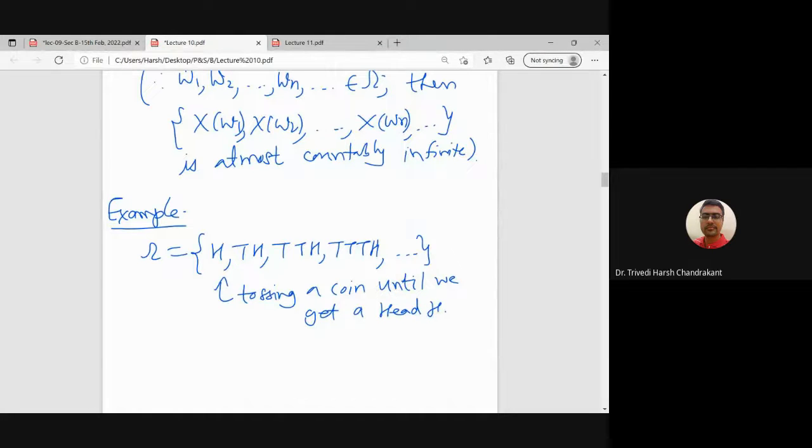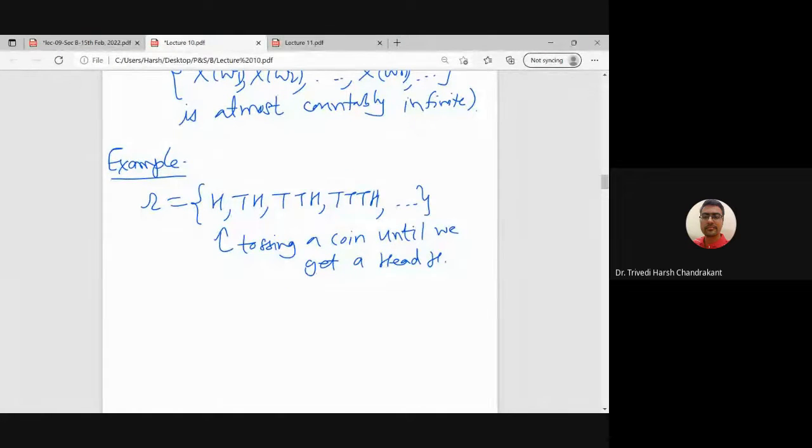Head we write by H. Until we get head, we are tossing the coin. So the first possibility is we get directly head, or we get tail and head and so on. This you already know.